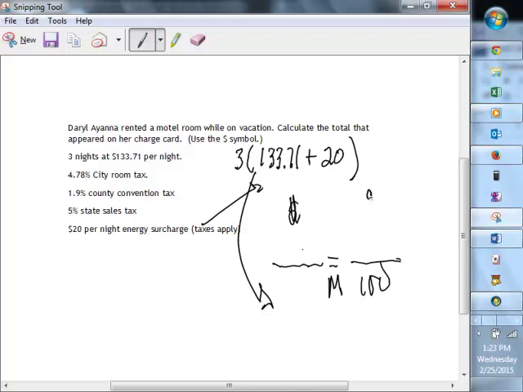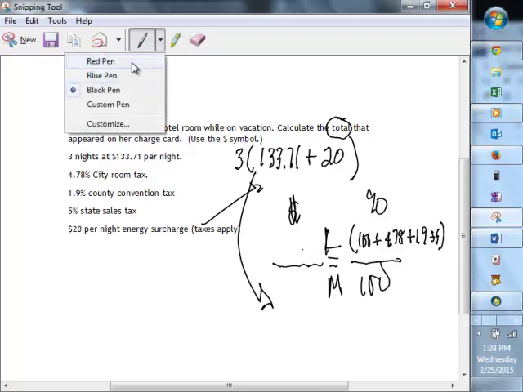Then on the percent side, since we want to know the total, we're going to have 100% plus 4.78% plus 1.9% plus 5%.